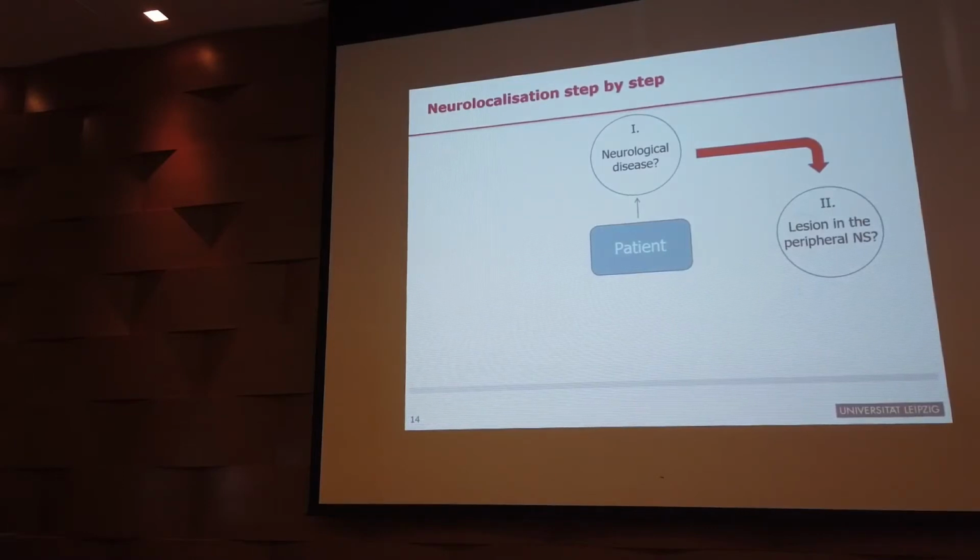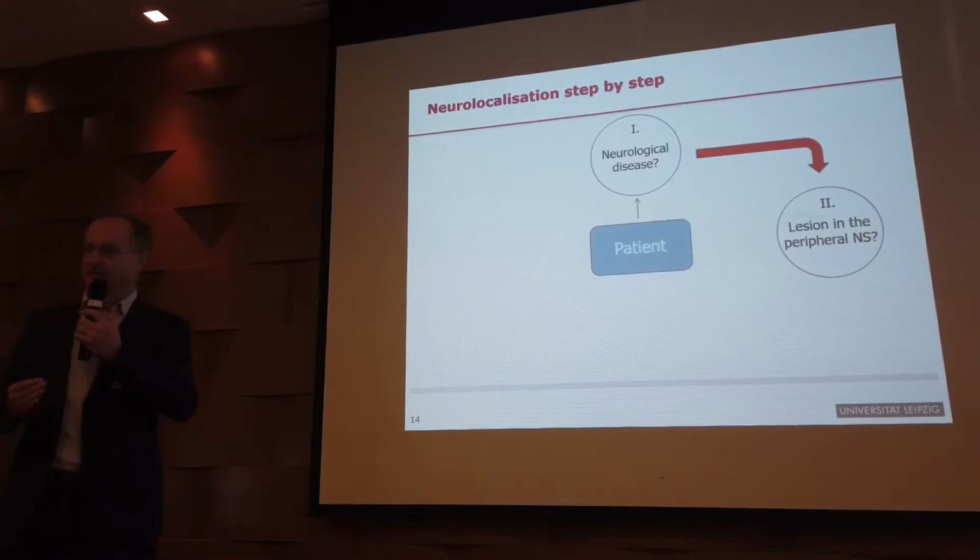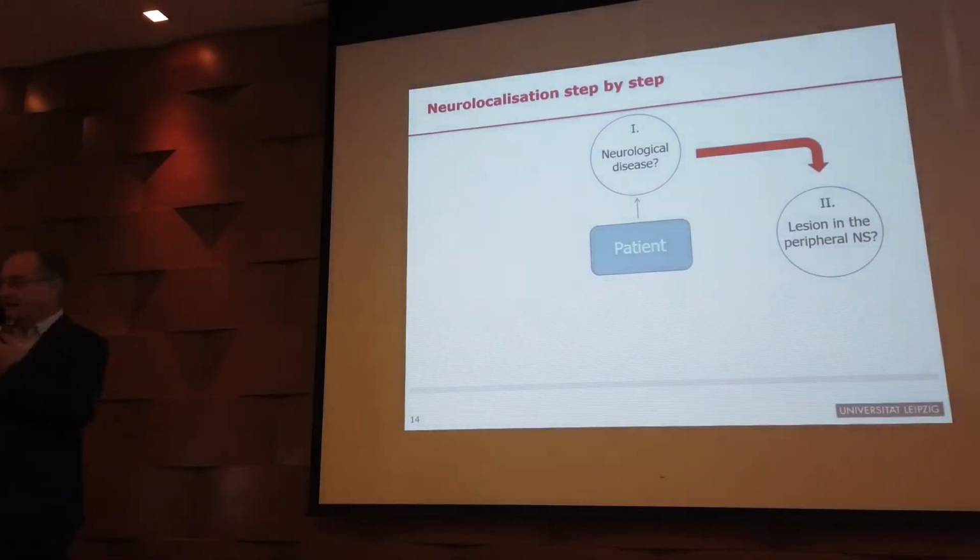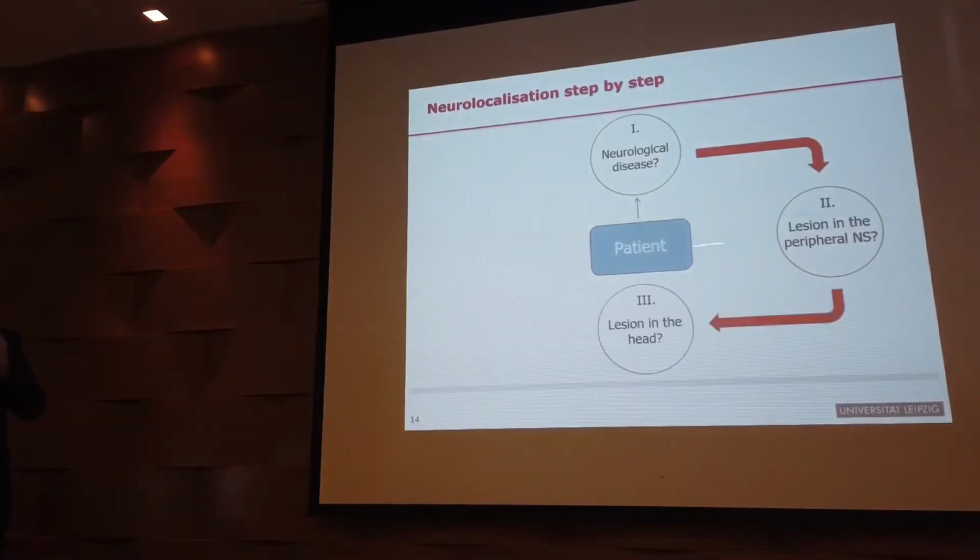I usually say, ask yourself first, can that problem be outside brain and spinal cord? If you say no, then the next question is, could the problem be in the head? I intentionally didn't write brain, because we still have the inner ear, the neurologist occupied. Yeah? So could that problem be in the head?